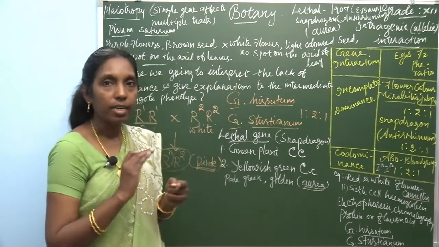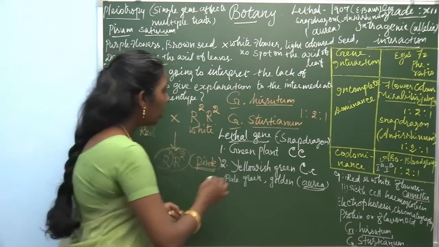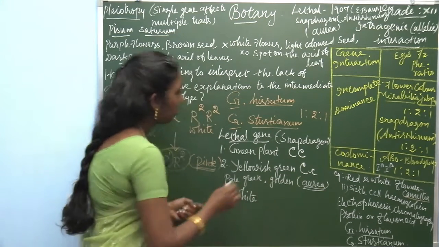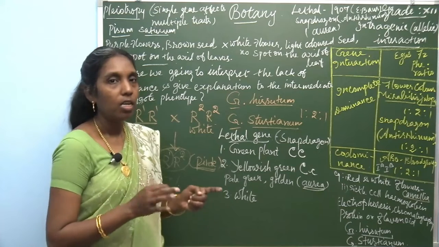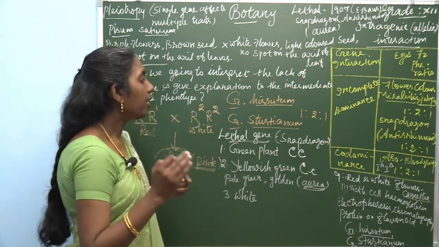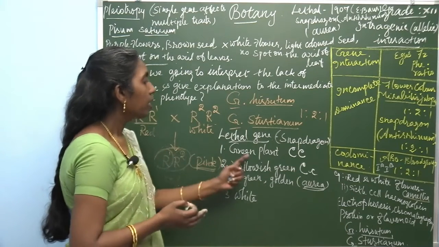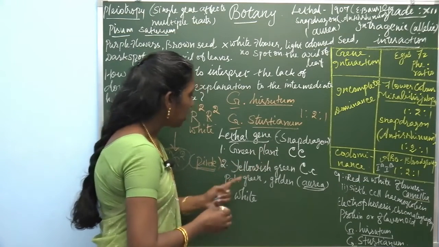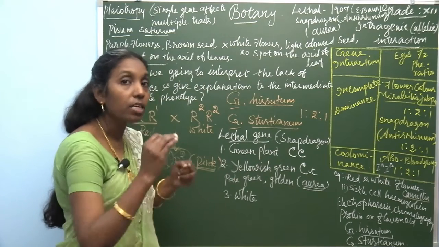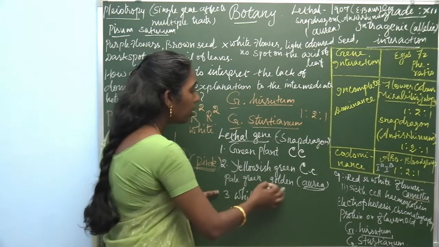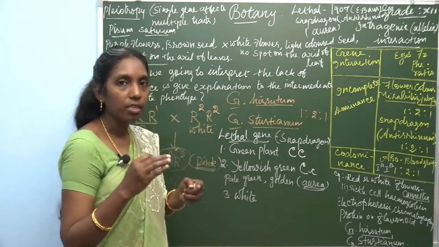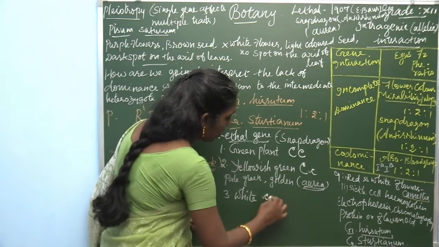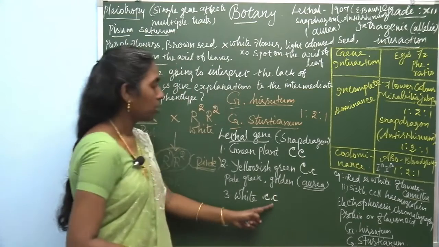The heterozygous condition gives aurea. And the third is the white color plant. So in snapdragon, there are 3 different colors of plant: green plant with chlorophyll, capital C; yellowish green with carotene pigment, pale green or golden color, otherwise called aurea; and white color, which has the allele small c, small c.